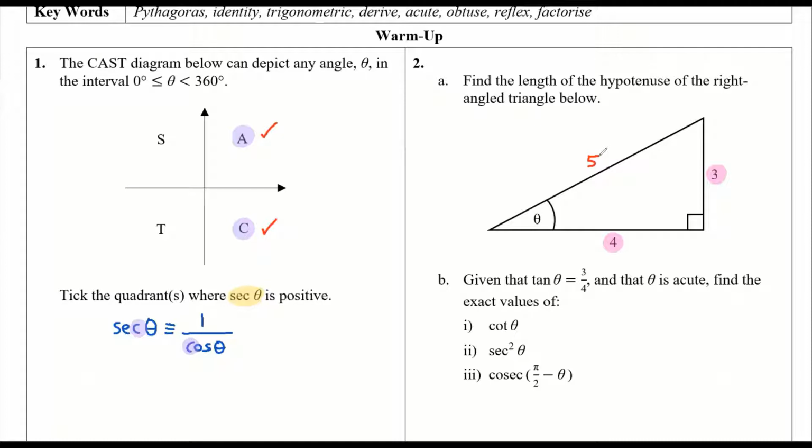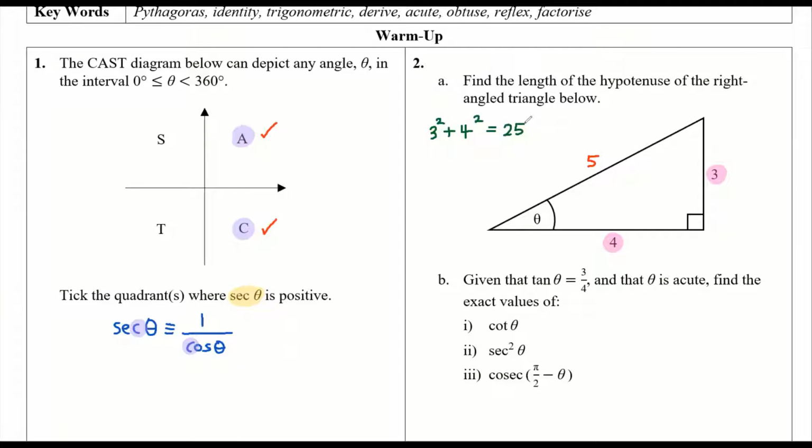If you're not convinced by that, or if you didn't know that, you would obviously have to use Pythagoras' theorem. So you would simply say, okay, 3 squared plus 4 squared, which would give you 25, and then you would very quickly see that the square root of 25 would be 5.